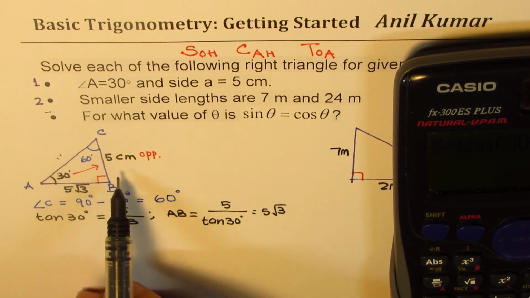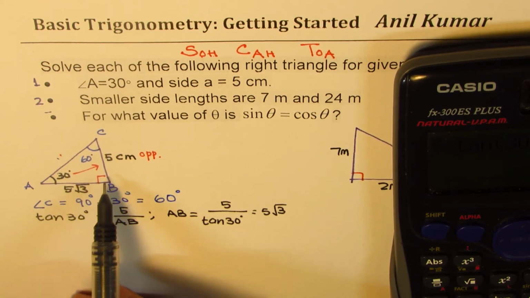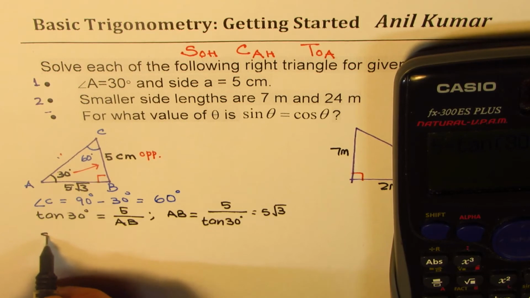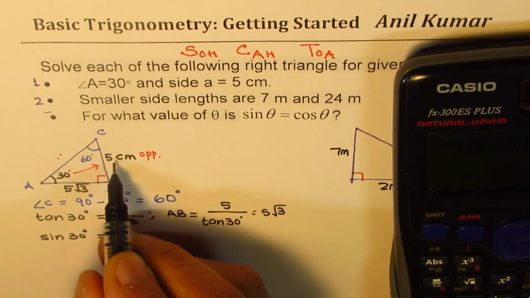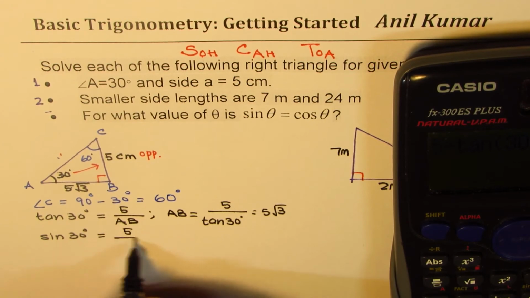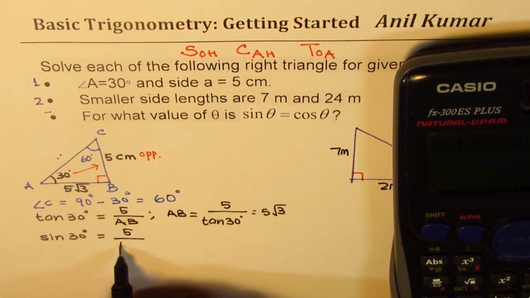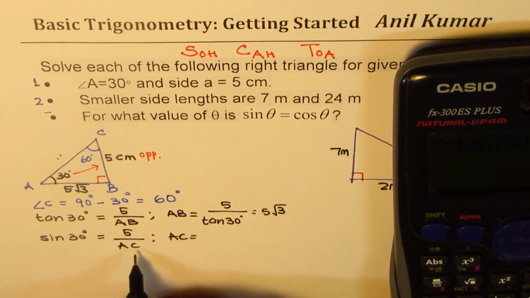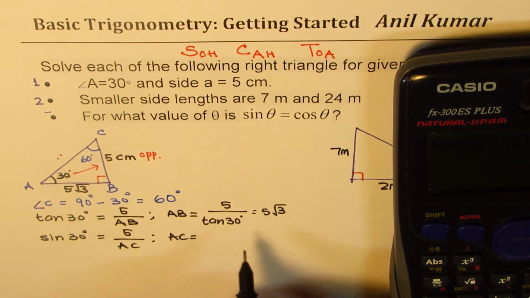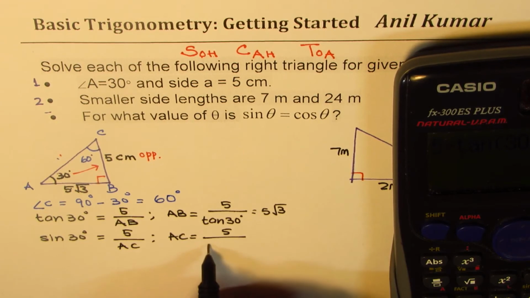Now the hypotenuse I can find using sine. So let me write down sine of 30 degrees is opposite side, which is 5, over hypotenuse, which is AC. So AC should be equal to 5 divided by sine of 30 degrees.